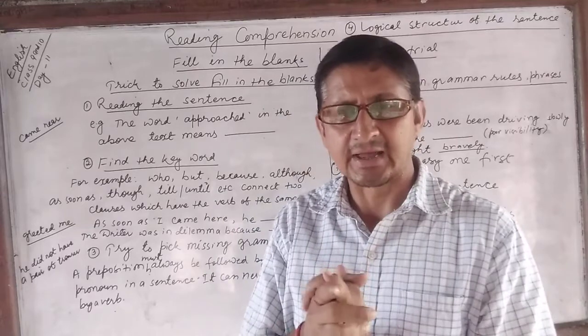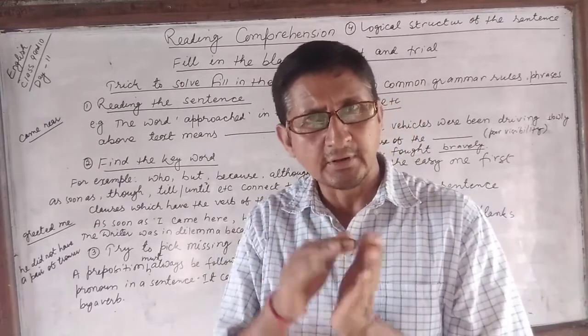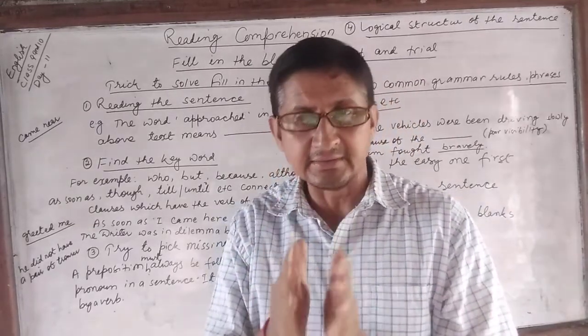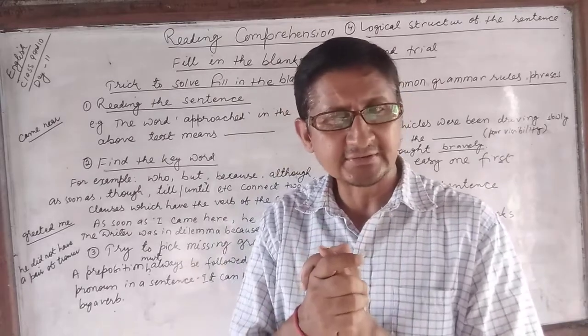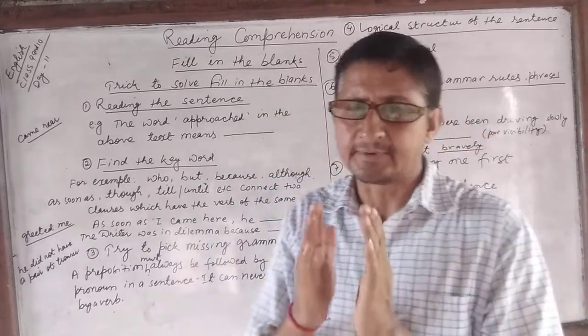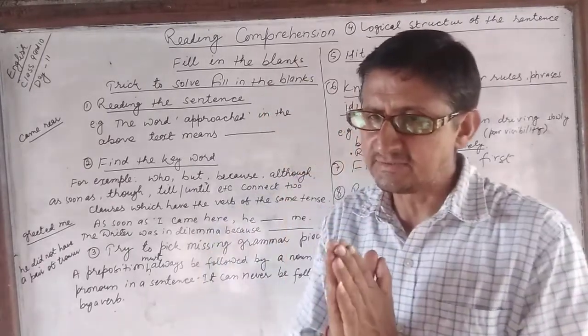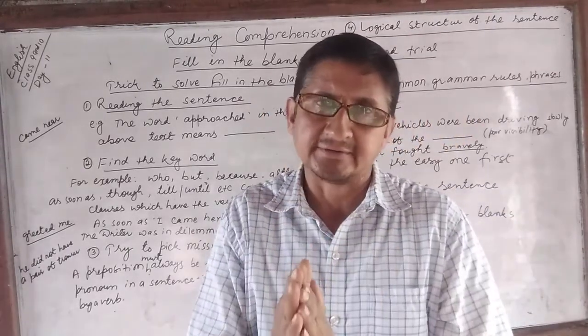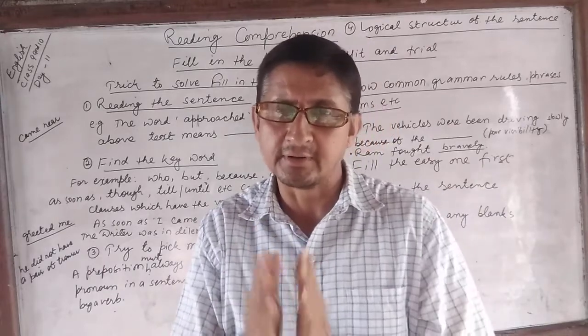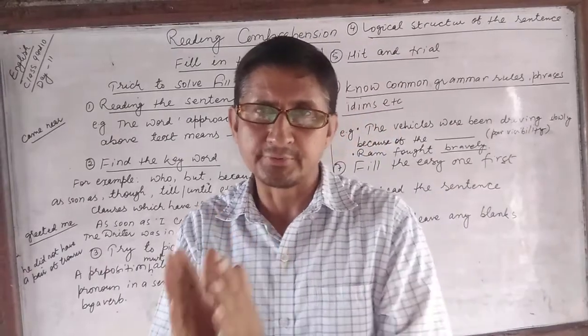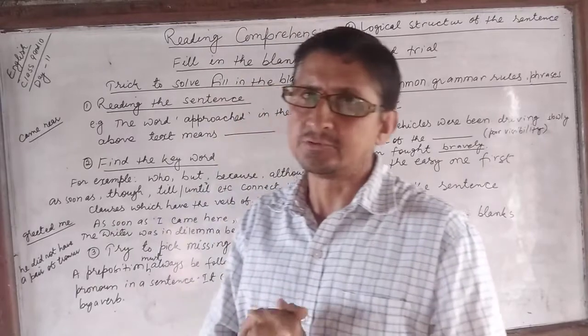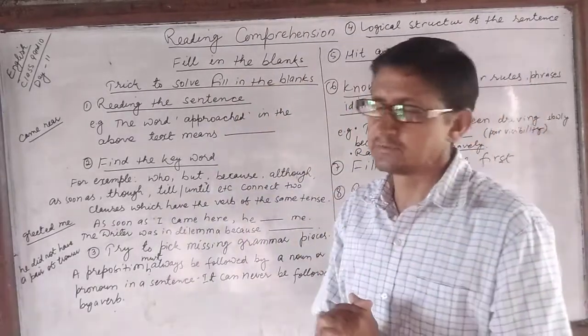In hit and trial, you place the options one by one in the blank of the sentence. The option that gives maximum meaning to the sentence should be the right answer. Following this method, you can fill up the right words.